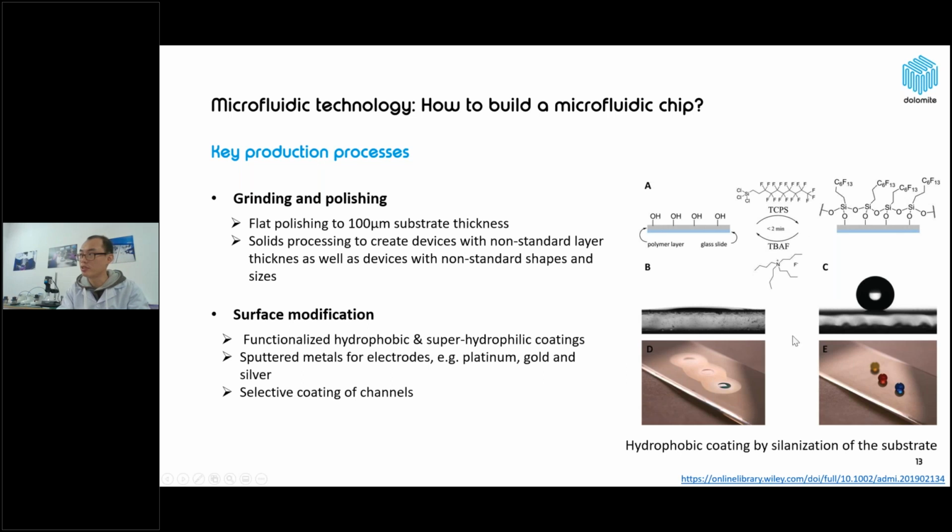If you have a look at the right photographs, it is showing the hydrophobic coating by silanization process of the substrate. This process is called a reversible process, so it is very easy to do hydrophobic coating and reverse to the hydrophilic coating. If you have a look at the photo here, it is showing the super hydrophobic coating.